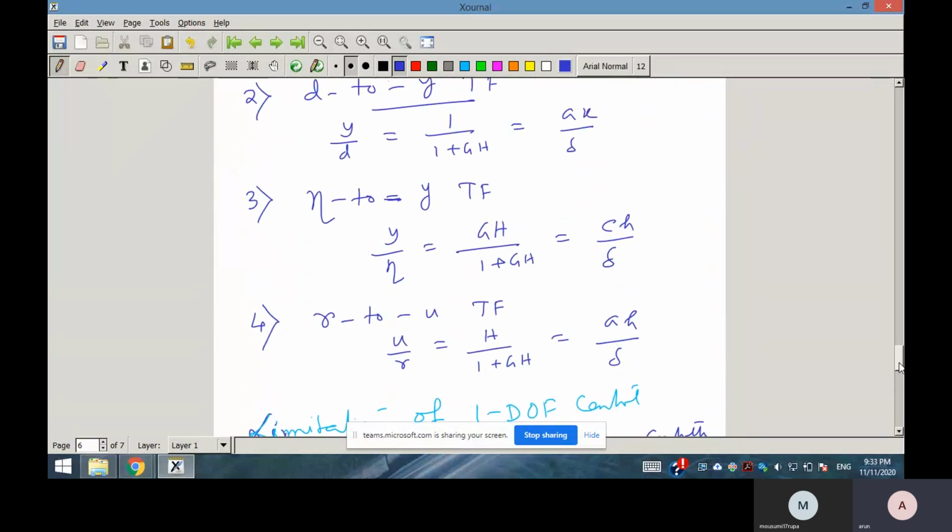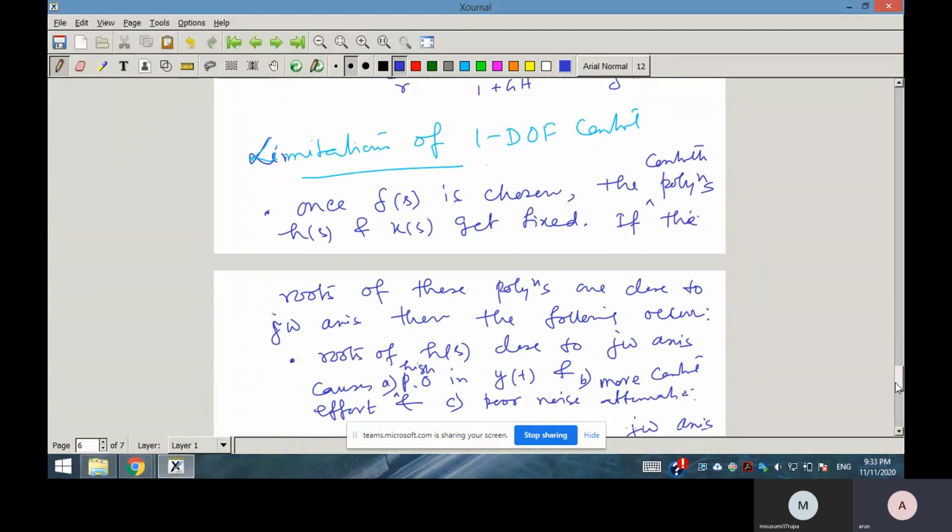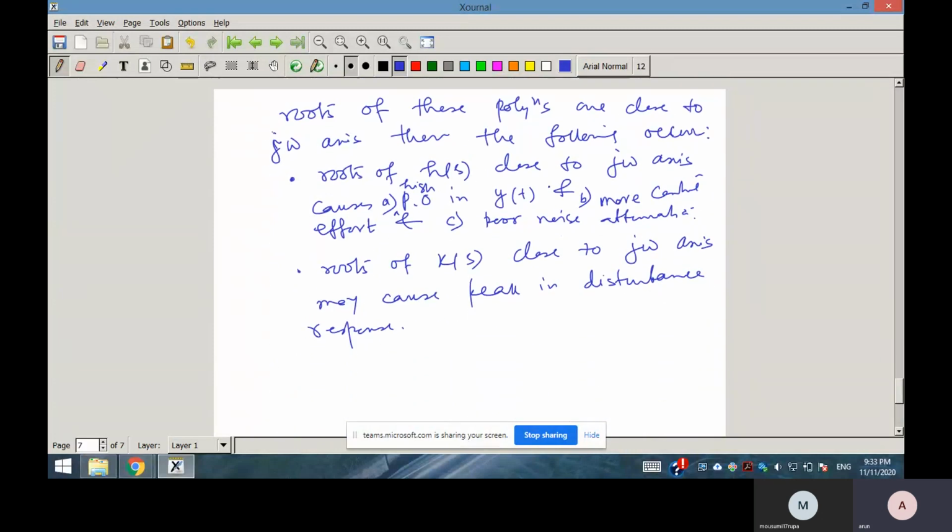Ultimately, if they are very close to the j omega axis, particularly if they are right half plane roots, then it will be a problem. You will get a peak in the tracking response y(t), then a peak in the control effort.